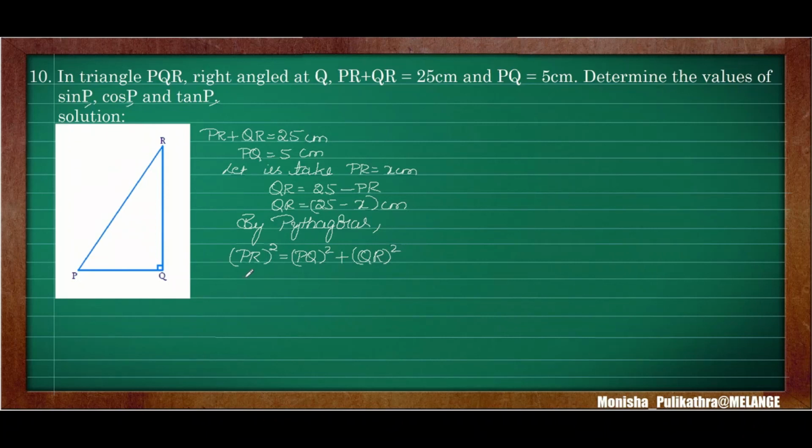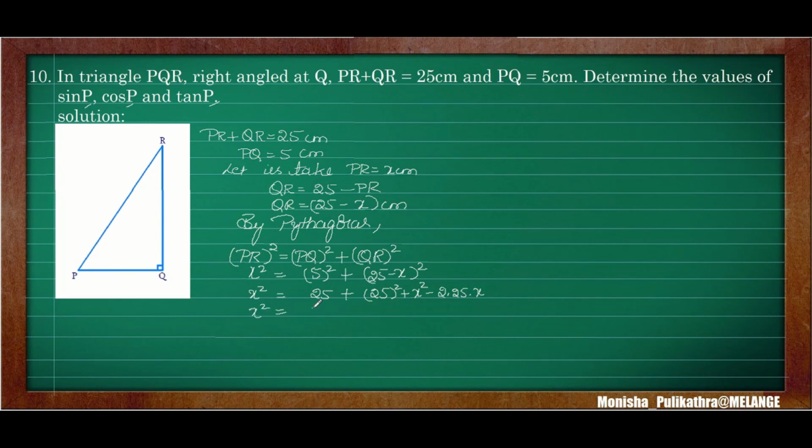So PR, we have taken it as X now. So X square is equal to PQ is 5 plus QR is 25 minus X, whole square. So X square is equal to 25 plus, here it will be in the form of a minus b whole square, that is a square plus b square minus 2ab.